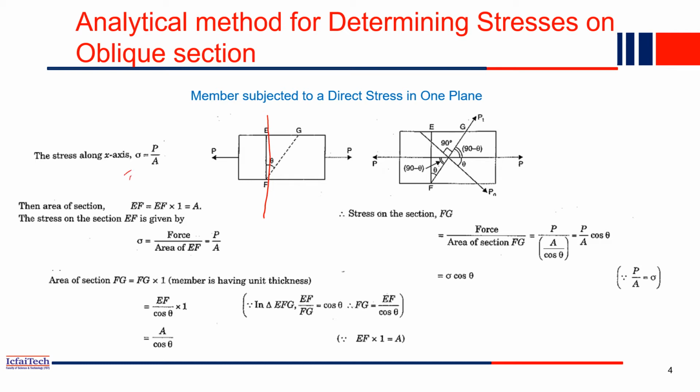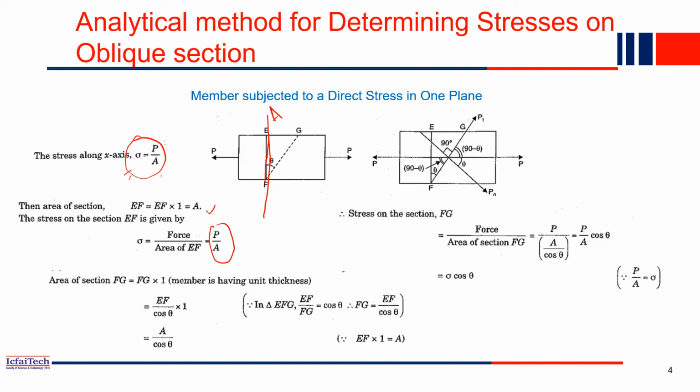The stress will be P by A. P is the axial force acting, and the cross-sectional area I considered is A. So P by A is the stress in this section EF.